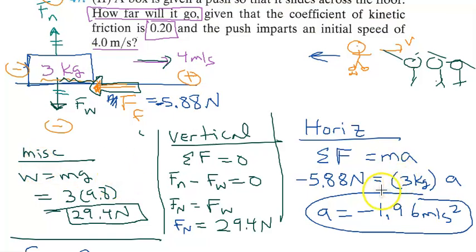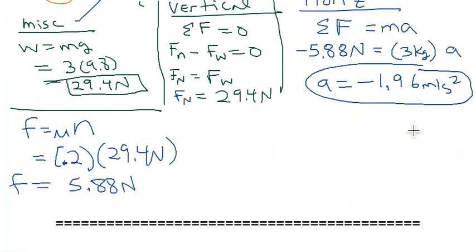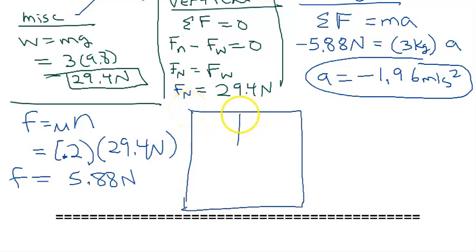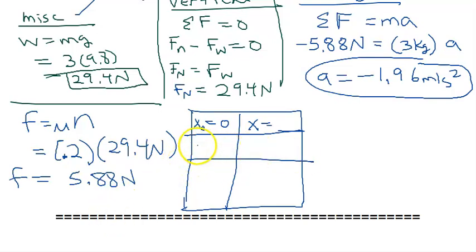Okay, so we've done almost every column. We did our miscellaneous, we did our vertical to find the normal, we did our horizontal to find the acceleration. Now, the last thing we need to do is our old school. So x naught is going to be 0. X final is what we're looking for, how far it's going to go. V naught is not 0, or it would not hit the nooks and crannies.